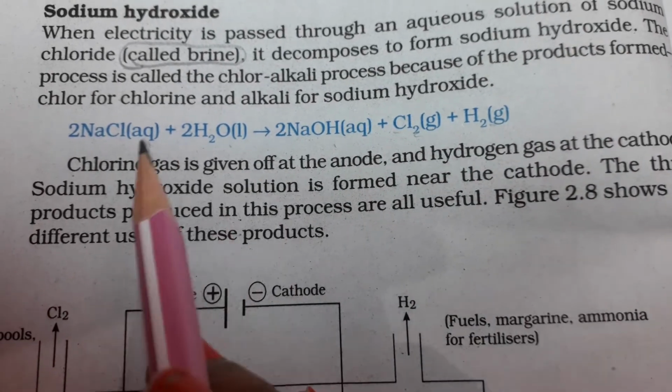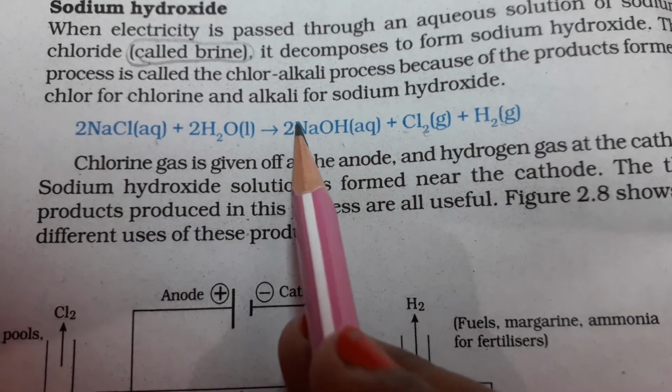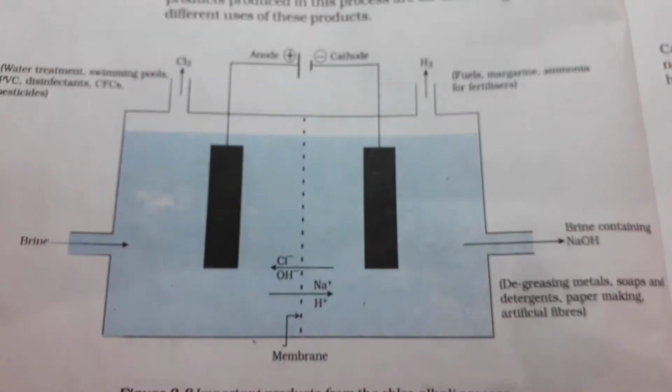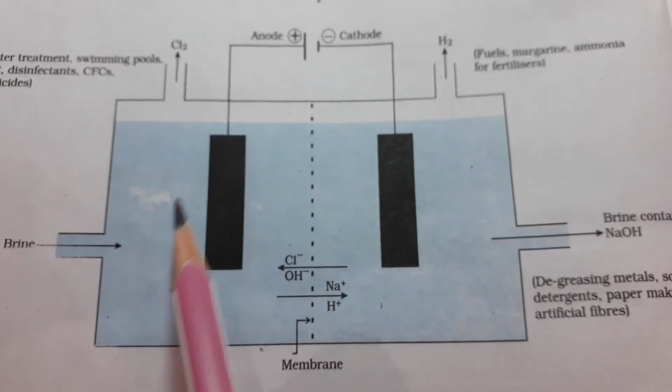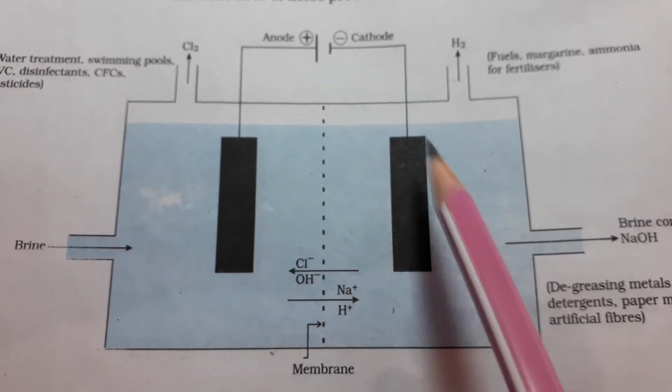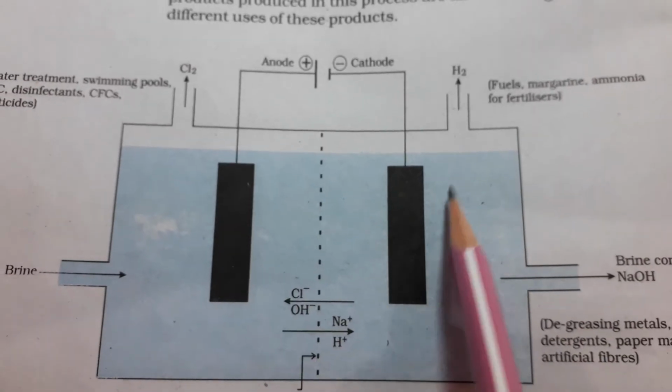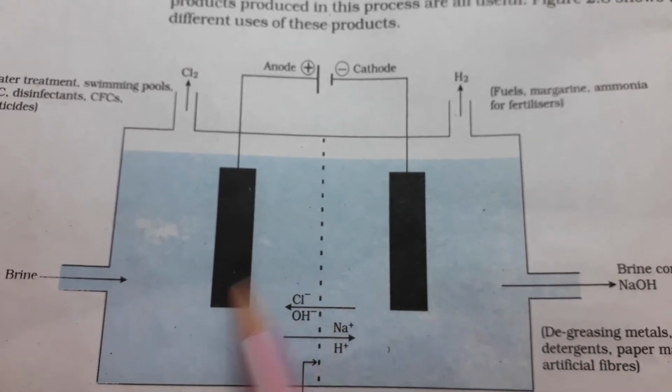And here you can see in this picture the sodium chloride aqueous solution, and here are the anode and cathode, the two electrodes.